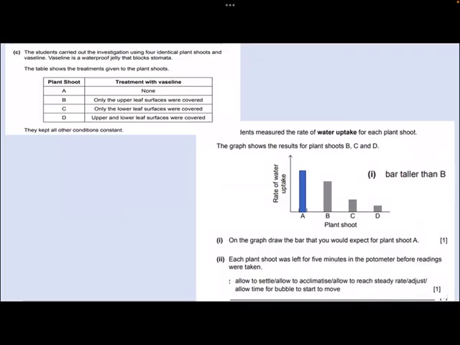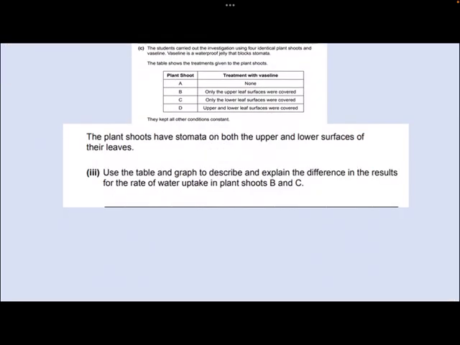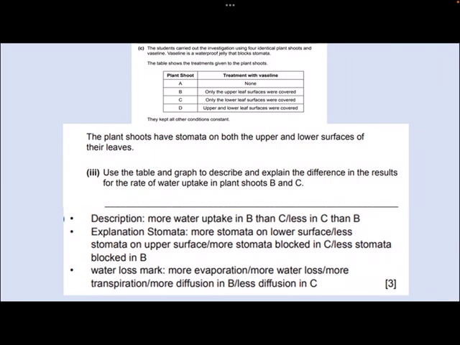And when we look back at the graph, we can see that B had a greater rate of water uptake than C. So why would that be? So more water uptake in B than C is your description. Explaining why: if the upper surface is covered, that means the lower surface is exposed. The lower surface has more stomata, which is what your first marking point is. Therefore, more water loss, more evaporation, more transpiration, more diffusion is happening in B, or less diffusion is happening in C.